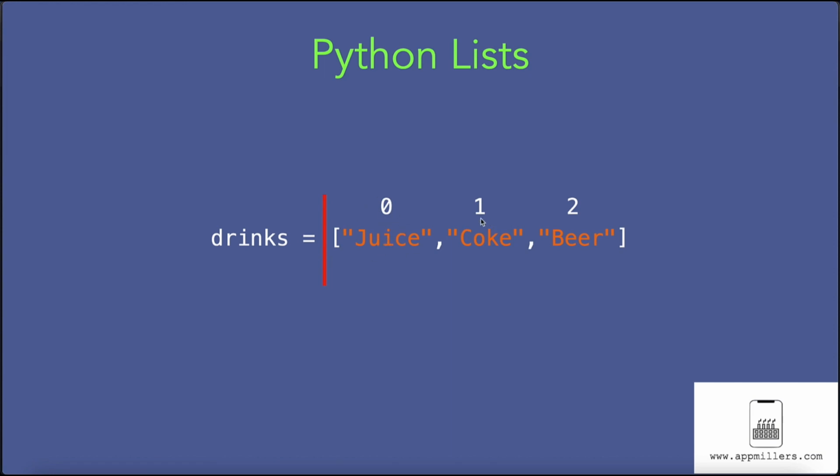But the Coke is shifted from the beginning by 1, and beer is shifted from the beginning by 2. Then it makes more sense that the first item in the list is at the beginning of the list, so it has no offset. It has an offset of 0. And you will find that in many programming languages there are data structures similar to the list, and this is how they are usually ordered, starting from 0 and adding 1.